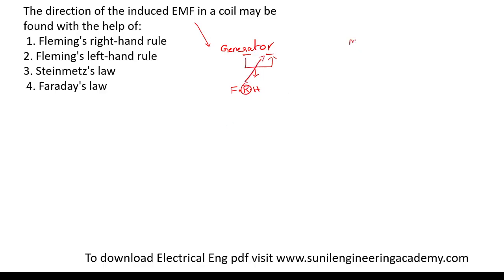In case of a motor, it is the left hand rule, Fleming's left hand rule, to detect the direction of rotation. Here, the direction of motor rotation is the output. In the generator, the output is induced EMF. To detect the direction of EMF, we use Fleming's right hand rule. So the answer is option A.